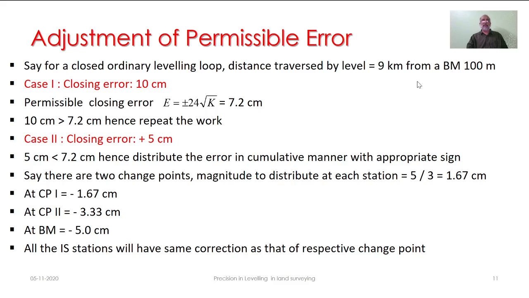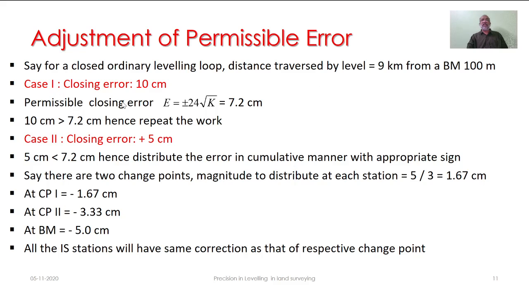So say for example, let's consider case 1, wherein the closing error is found to be 10 centimeter. Just to elaborate, as the value of the benchmark is 100, let's assume this value to be positive, and the computed value is 100.1 instead of 100 meters.